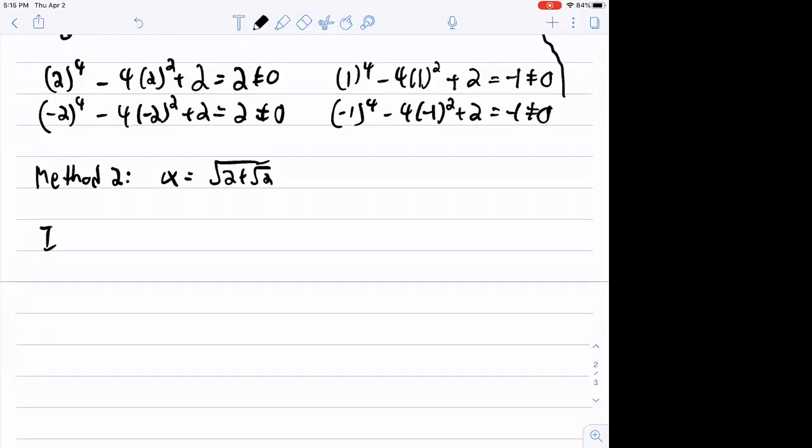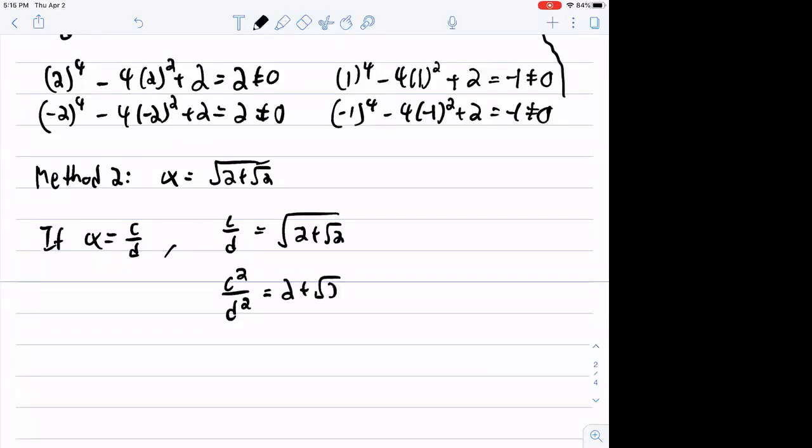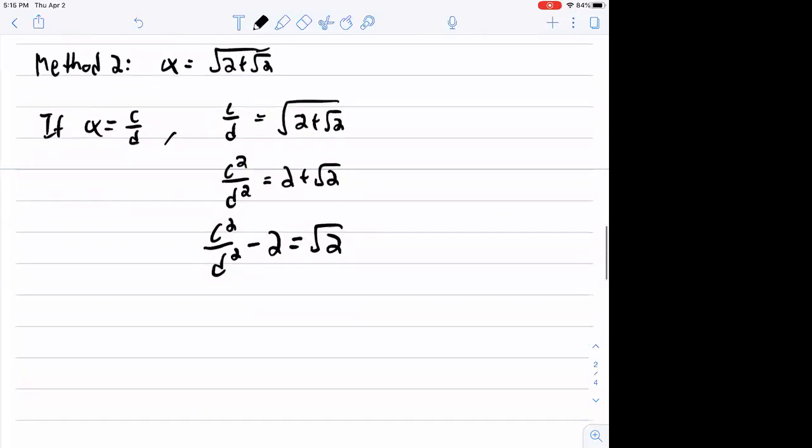If alpha is rational, if alpha is C over D, so C over D equals root of 2 plus root 2, we can get a contradiction another way. We could square both sides, so C squared over D squared equals 2 plus root 2. If you subtract 2, the thing on the left is still rational. If you don't believe me, it's C squared minus 2D squared over D squared.